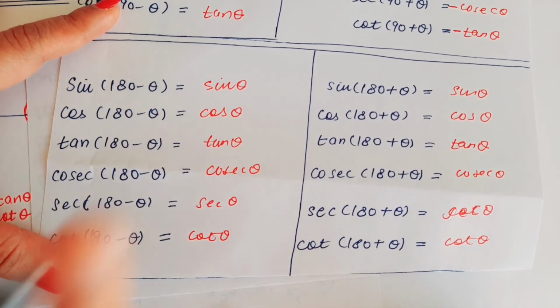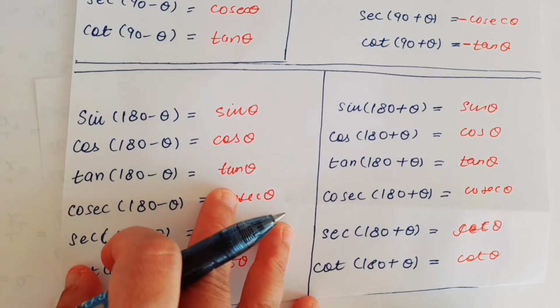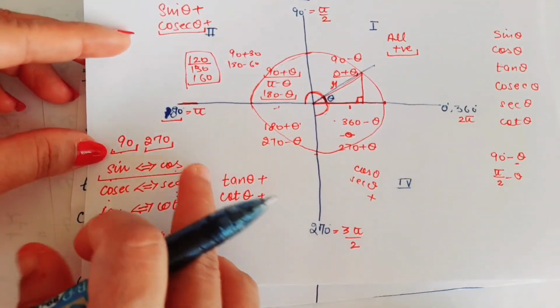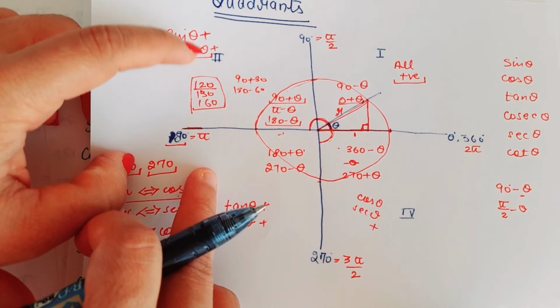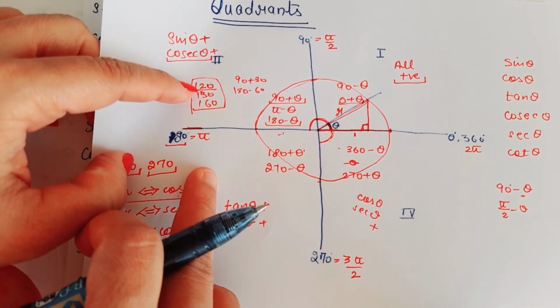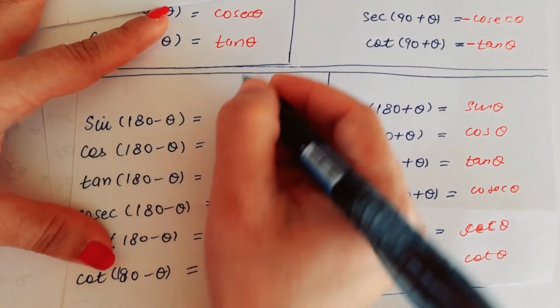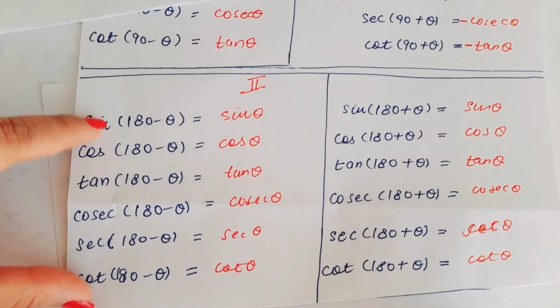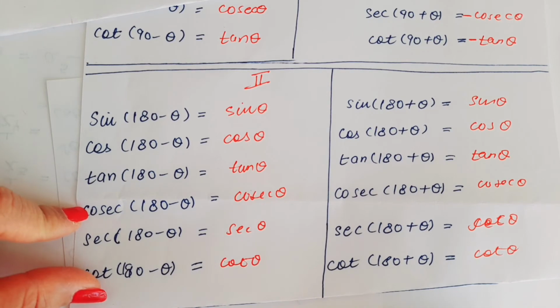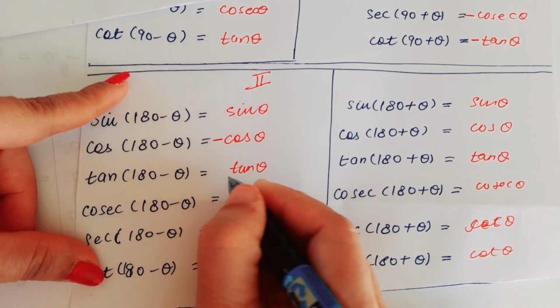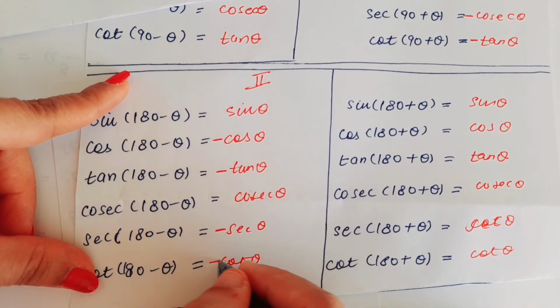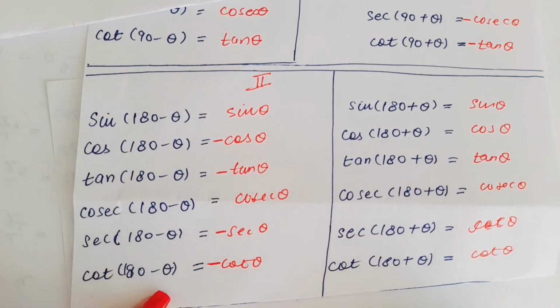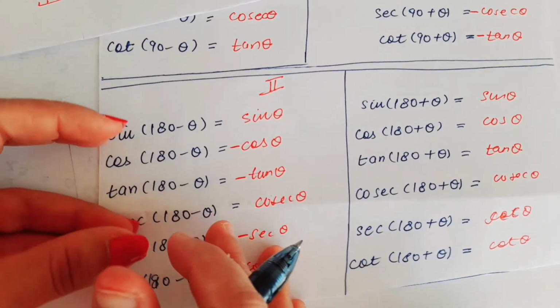Now when we are having 180 minus theta, it means we are in the second quadrant. In the second quadrant only sine and cosecant are positive, all others are negative. I hope you are getting it. How do we find these values? This is very simple.